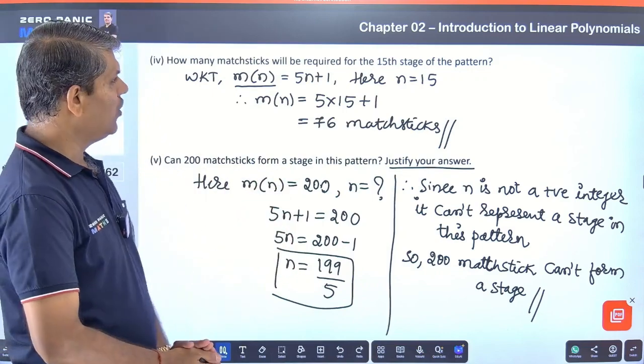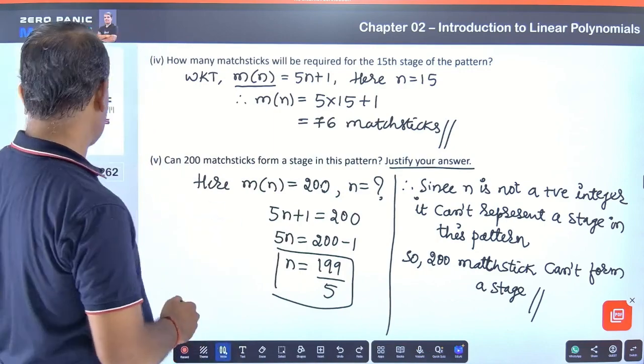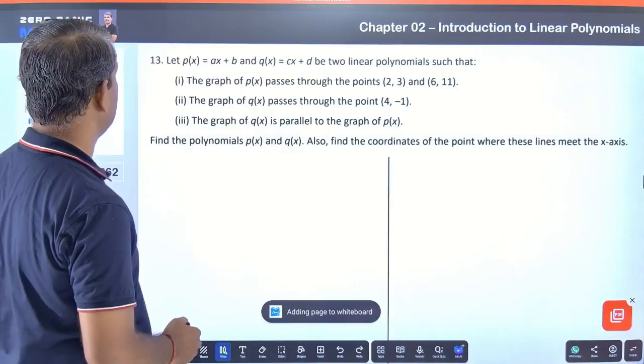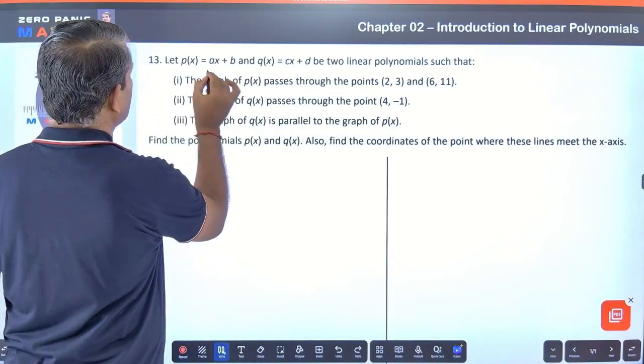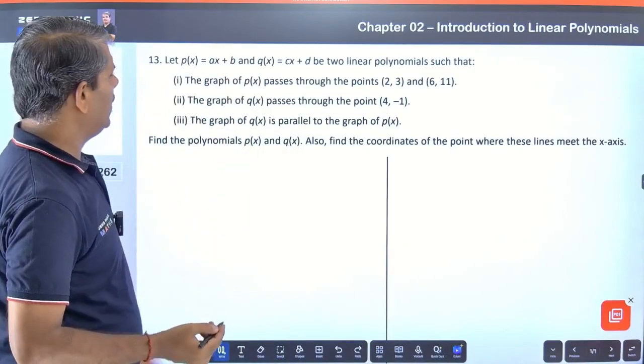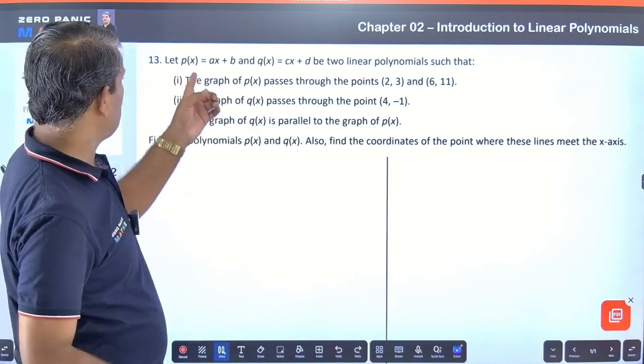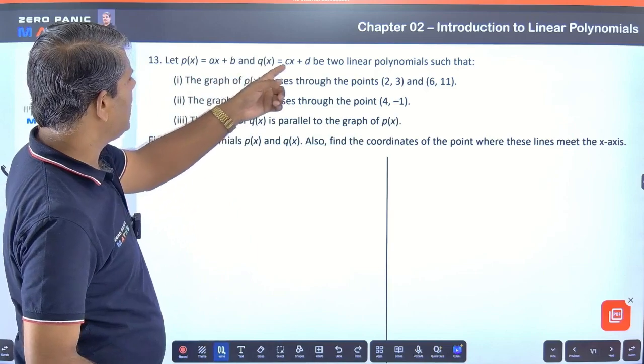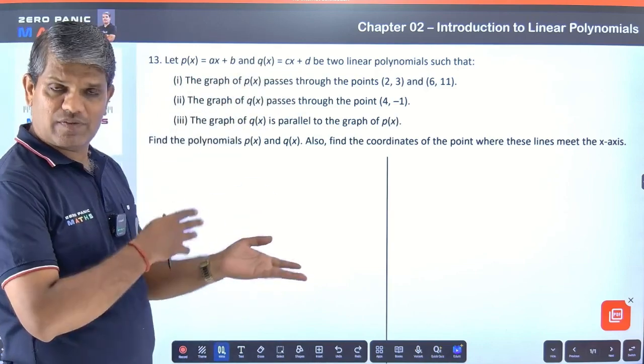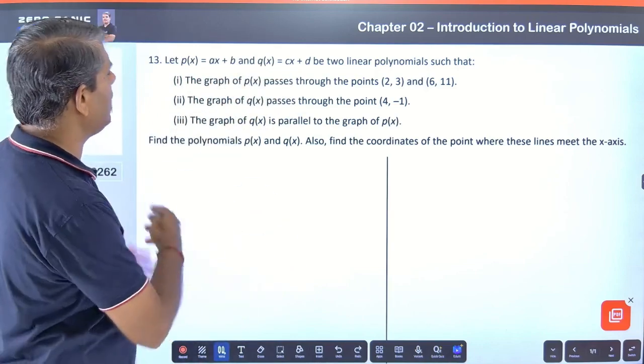Understood this? Okay. Let us quickly move to the next problem. Now problem number 13 is given with two polynomials, ax plus b and cx plus d. We have seen one such problem previously also.